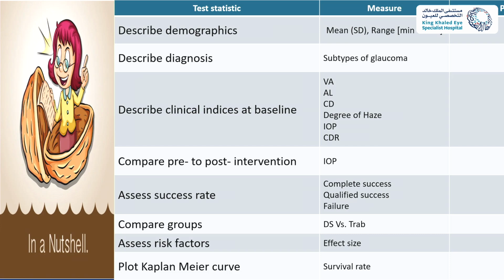And then you can compare the pre to post, and you can assess the success rate, complete success, qualified success, and so on. You can compare groups, you can assess potential risk factors, assess the effect size, and you can do survivorship analysis to see the survival rate of a patient after a specific surgery.